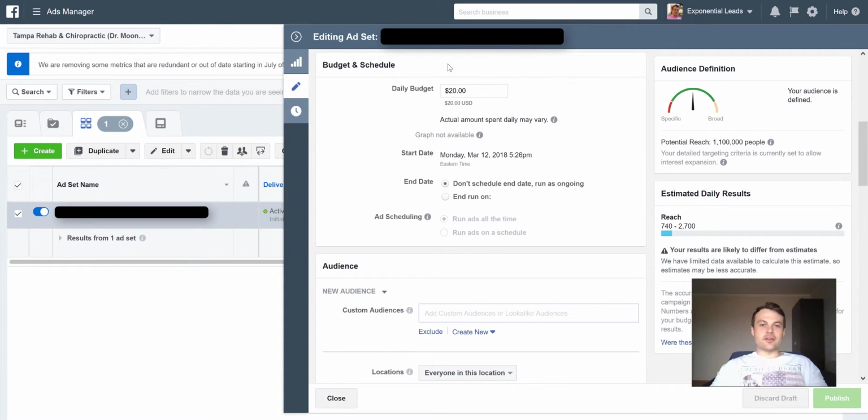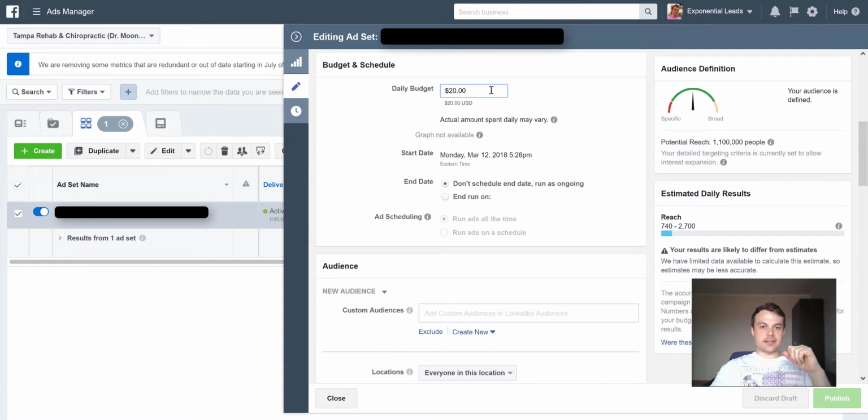Now, a third method that I like to use to scale, and I like using this more than the second method I mentioned previously, because this method's a little more effective from what I've seen in my split testing, is just to duplicate the ad set until I reach the amount I want to spend per day. So let's say I'm trying to scale from $20 a day to $100 a day.